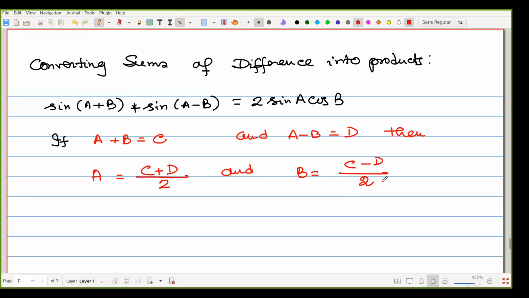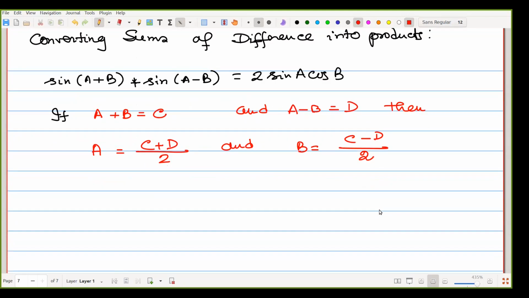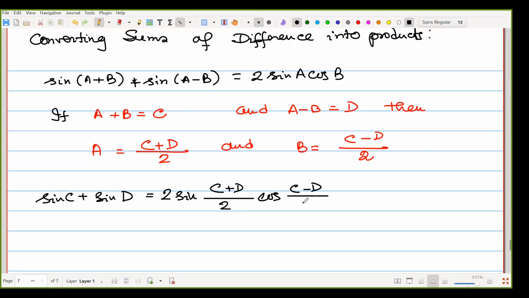So we can write out some other types of formulas from here. The first one is like that. We can write sin C plus sin D is equal to 2 of sine C plus D by 2 cos of C minus D by 2.